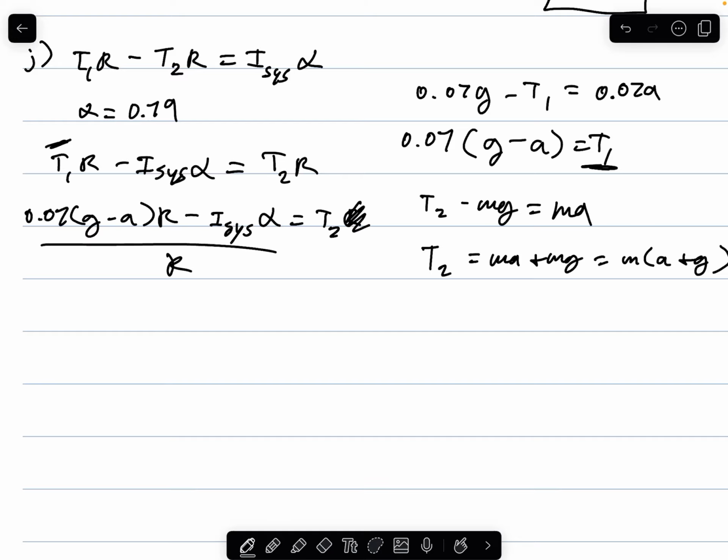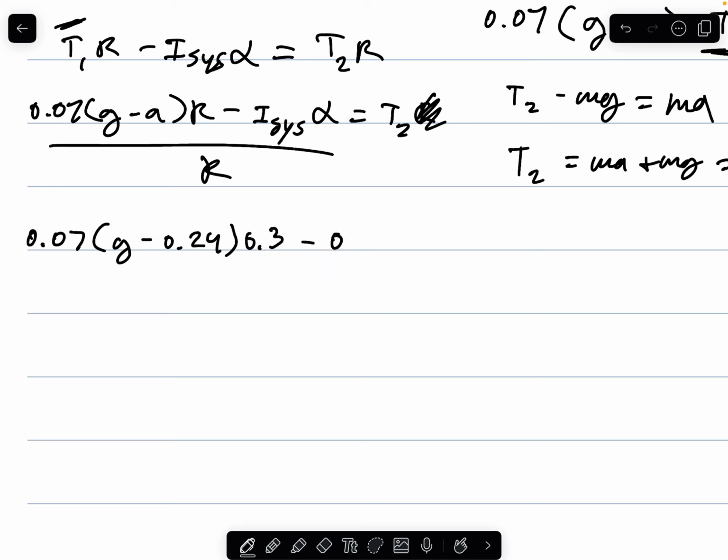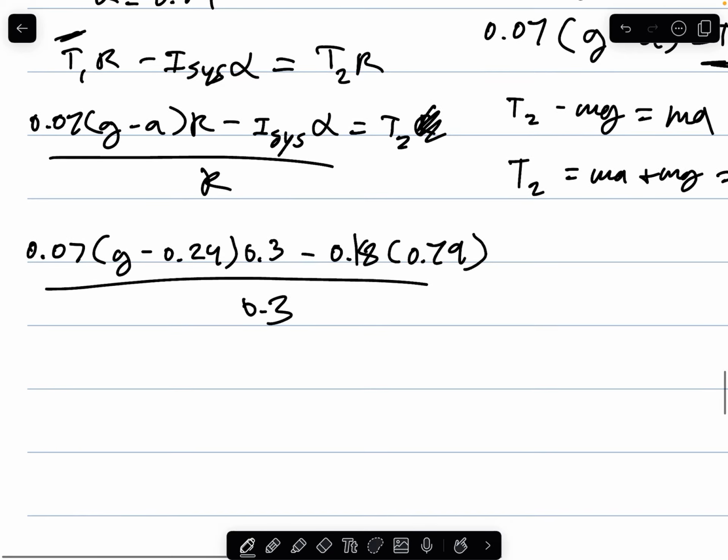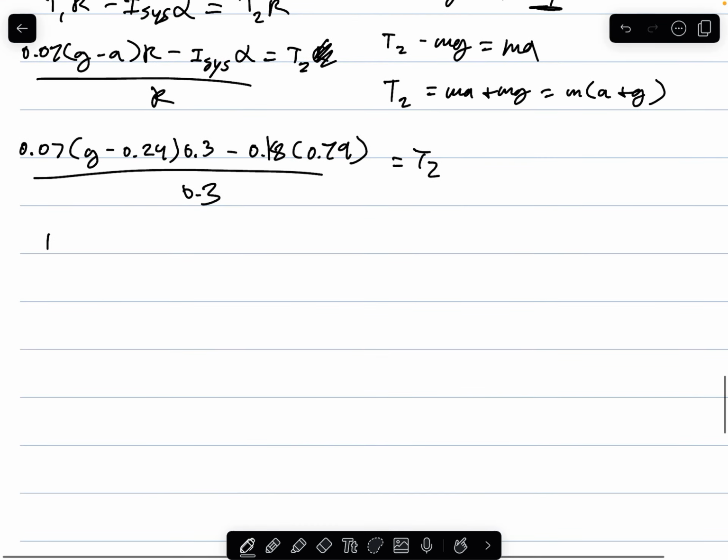Divide everything by r to get T2. When you put in all your known values, angular acceleration was 0.79, radius is 0.3, and acceleration is 0.24. So T2 is going to be 0.19.